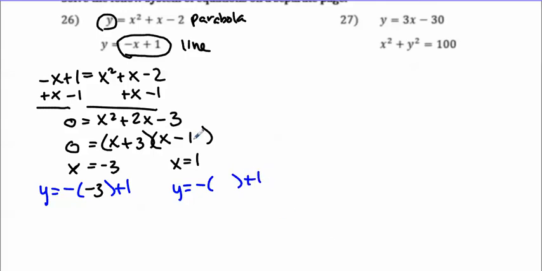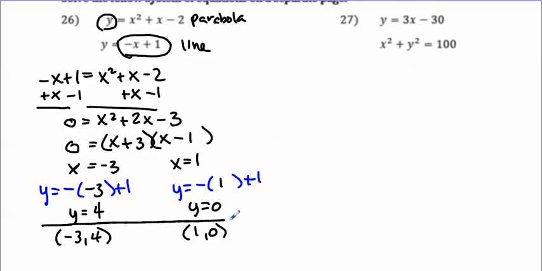And then I'm going to plug my x value of 1 in there. So this one gives me 4. And then I have a point when x is negative 3, y is 4. And this one gives me 0. So I have the point 1, 0. So this system has two solutions.